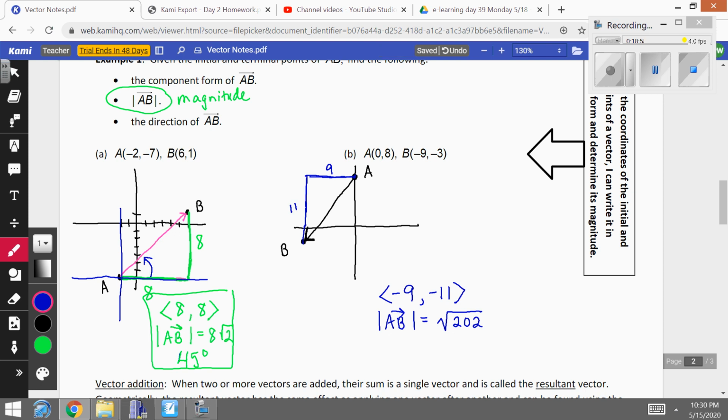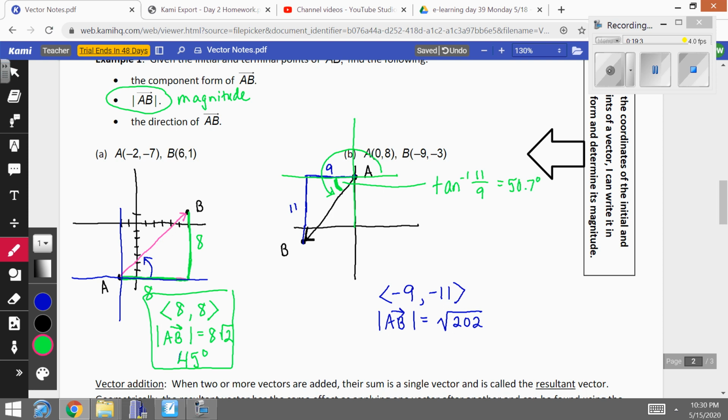Now we need to come up with our angle. So if I think about this, I want to find all the way around here. Okay, so now trig isn't going to give me that entire angle, but it will give me this little angle, basically our reference angle, if you remember that word from Algebra 2. So if we want to find that, again, I'm going to do my inverse tangent of the opposite over the adjacent, and that's going to give me 50.7 degrees.